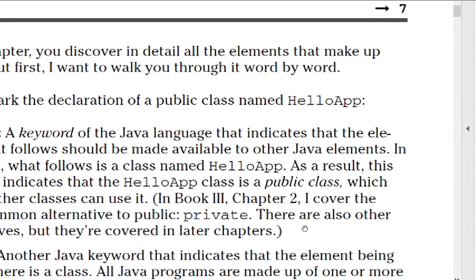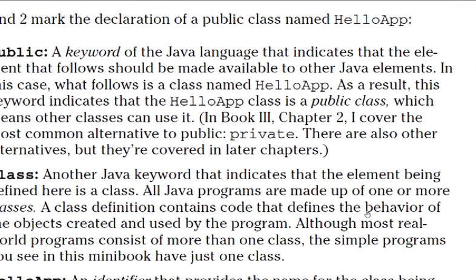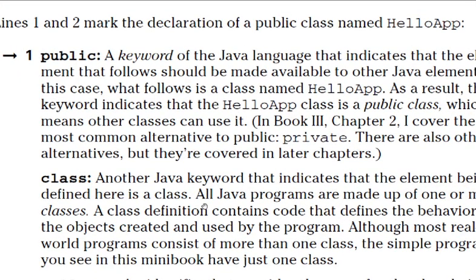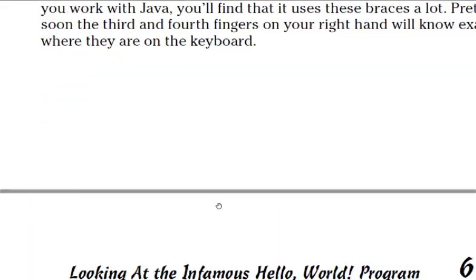Okay? So please go through it. And then class, another Java keyword that indicates that the element being defined here is a class. See how the author explains to the level of a novice, somebody who just started learning Java. Okay? Please go through it.